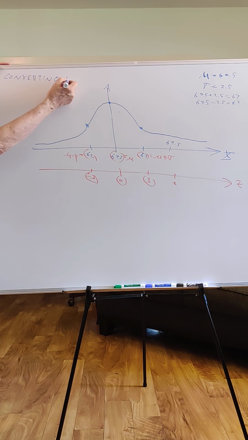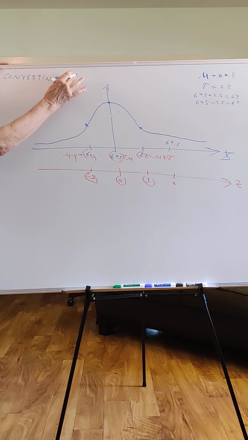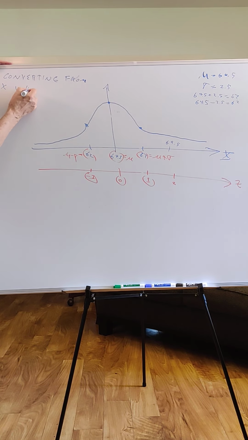Converting from x values to z values. All right, z is x minus mu over sigma. It's as simple as that.